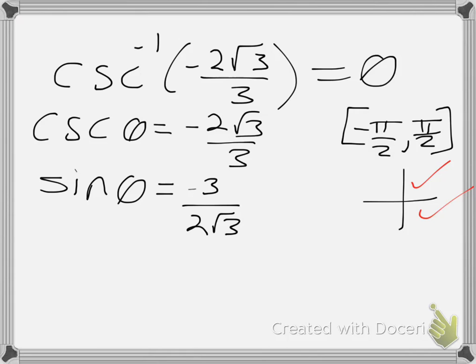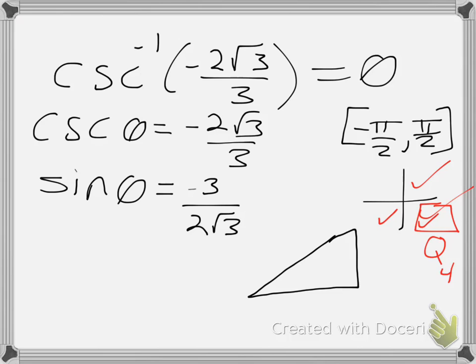Now before I make a triangle off of this, if I'm thinking my sine is negative, where is sine negative? That's in quadrants 3 and 4, so my overlap is in 4. So we know we're in quadrant 4 now.